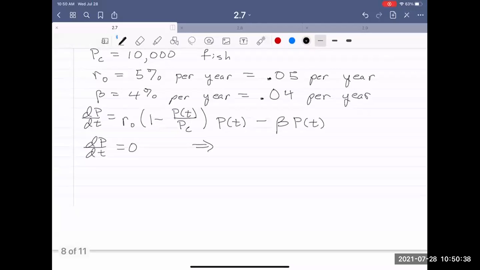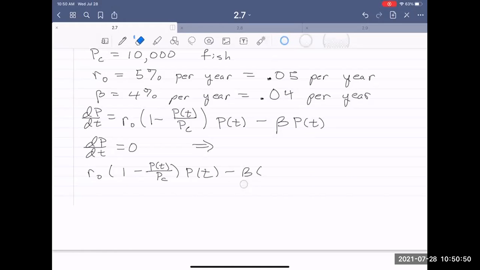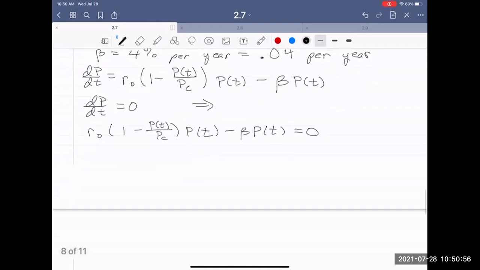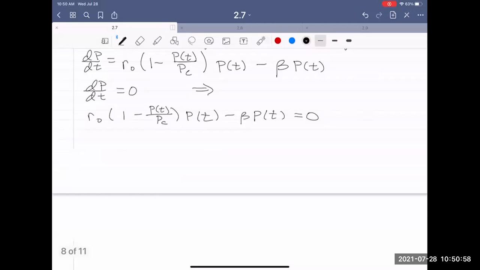So I have R0 times 1 minus P of t over P sub C, times P of t, minus beta P of t is 0. So let me factor out P of t.